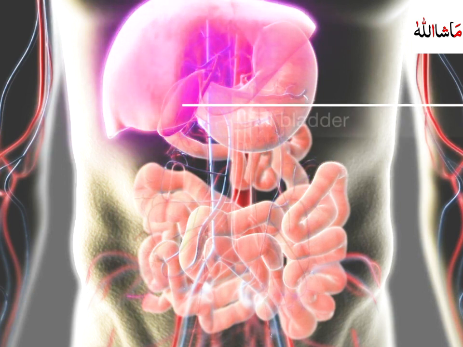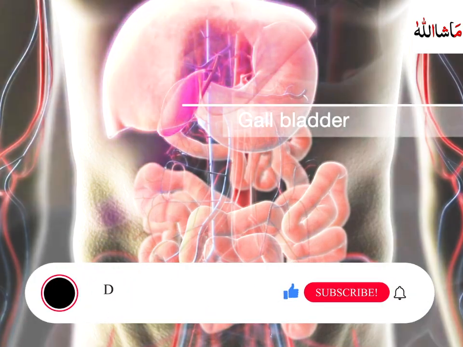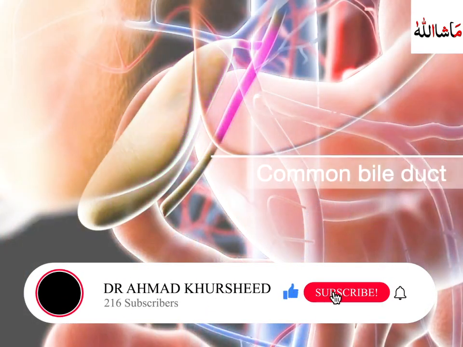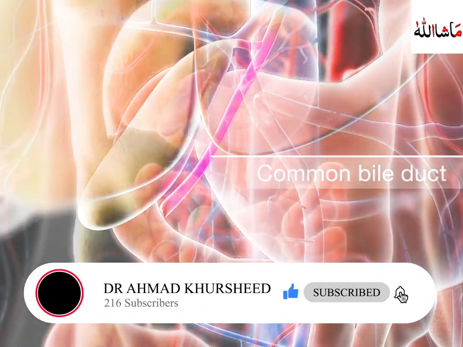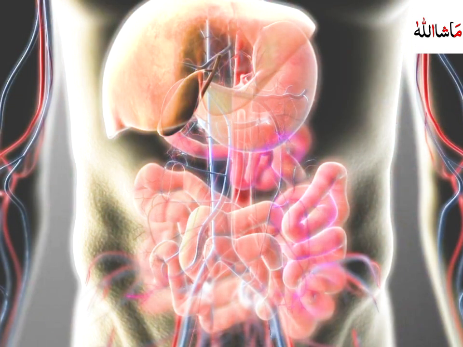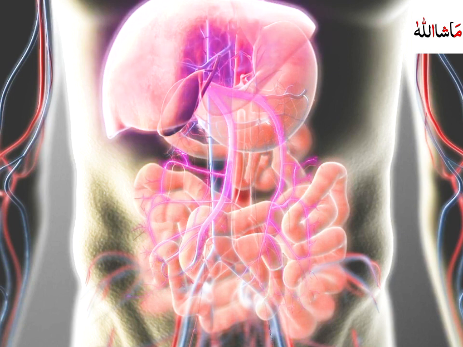They may travel to the gallbladder and then be secreted back into the small intestine, where they will be reabsorbed back into the portal circulation and recycled back to the liver.